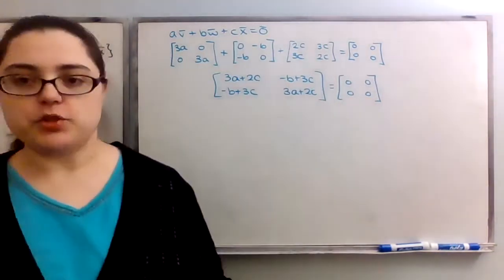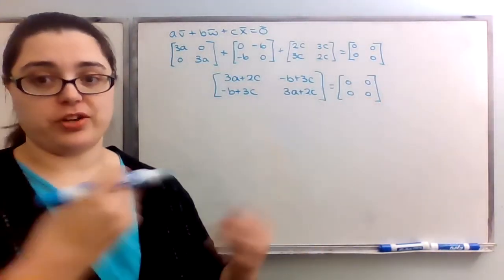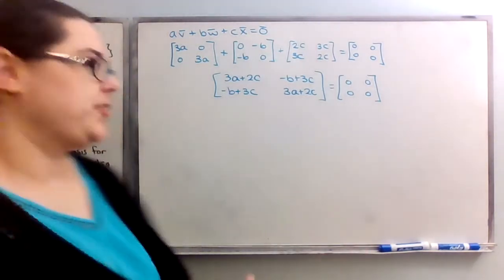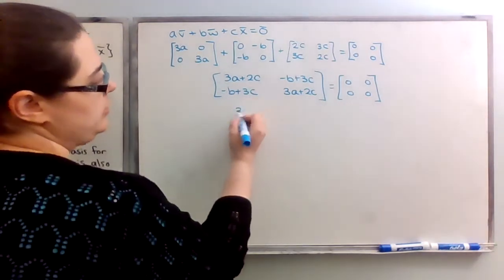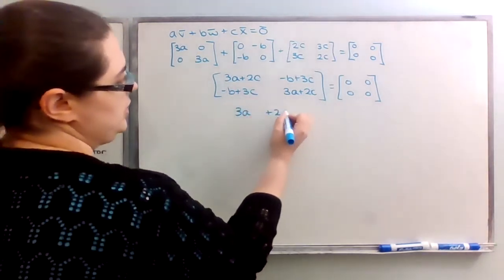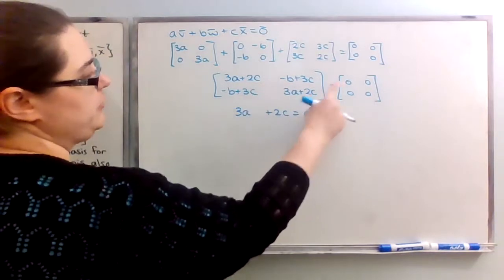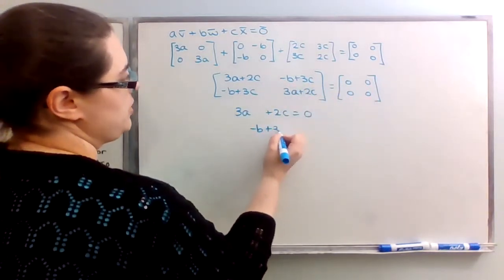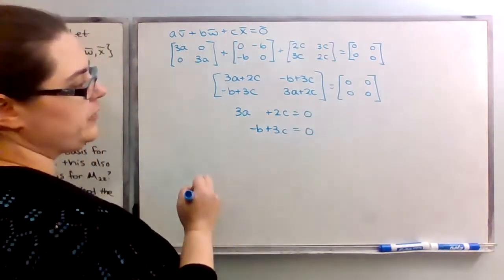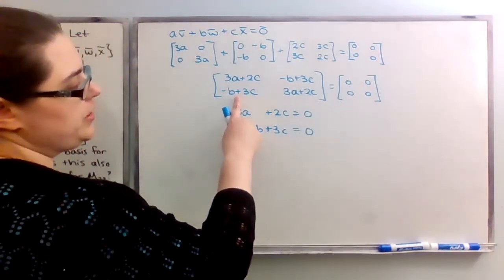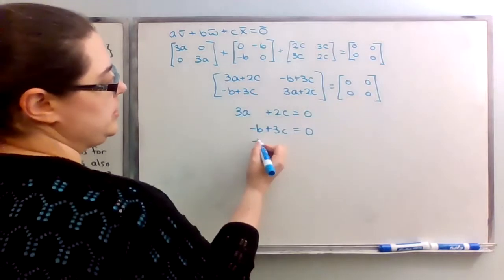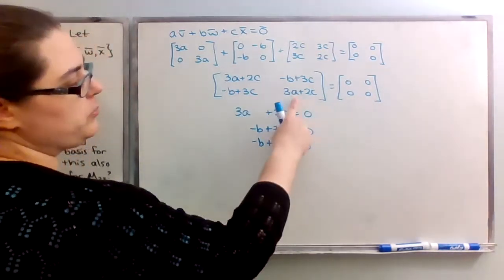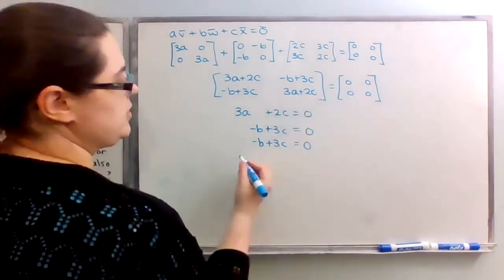Now, if I have two matrices that are equal, that means each of their coordinates have to be the same. And this is how we're getting our system of linear equations. So we get 3a plus 2c has to equal 0 from the top left. From the top right, we get that negative b plus 3c has to equal 0. From the bottom left, we get negative b plus 3c has to equal 0. And from the bottom right, we get 3a plus 2c has to be 0.